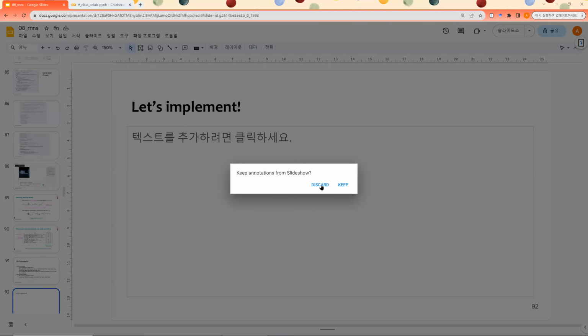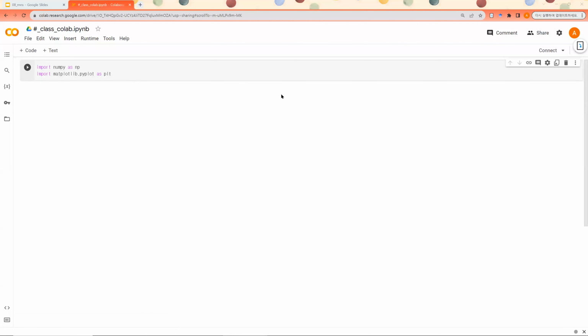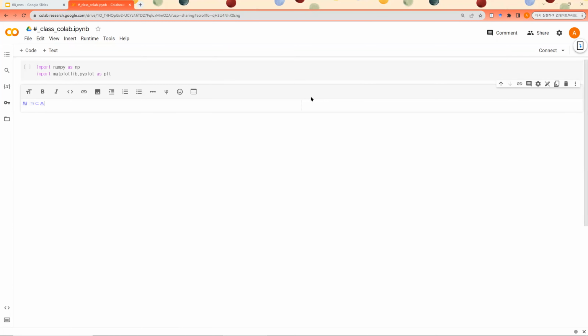And let's implement RNNs. Recurrent neural networks.